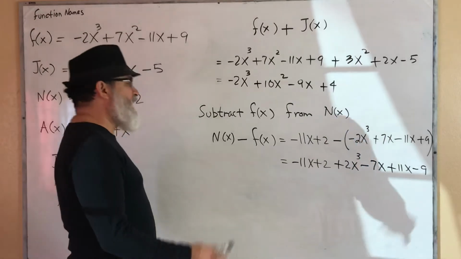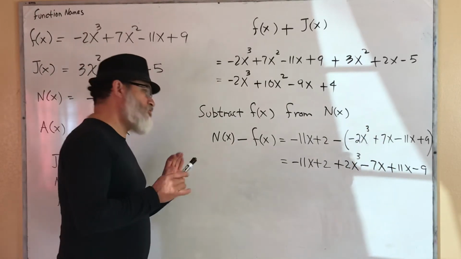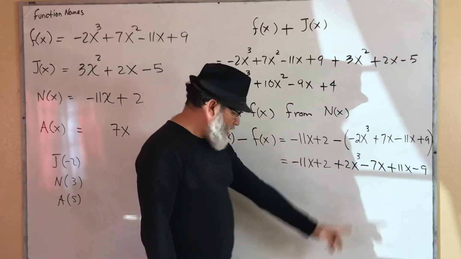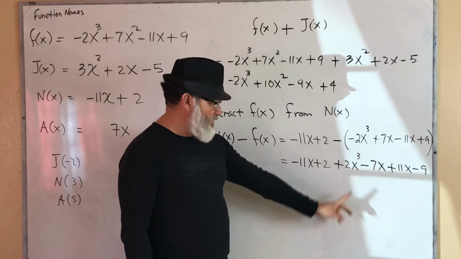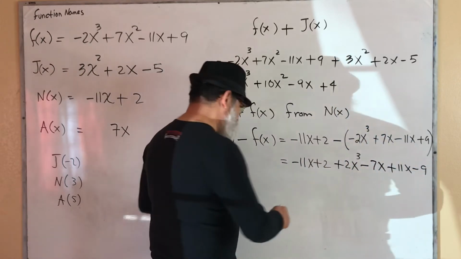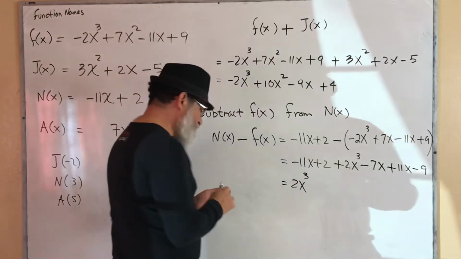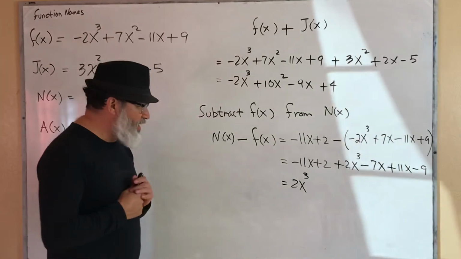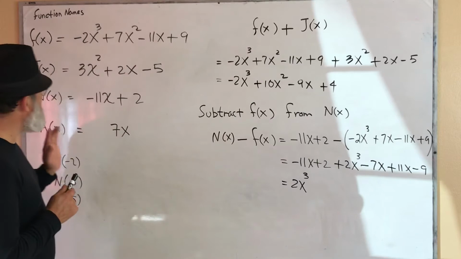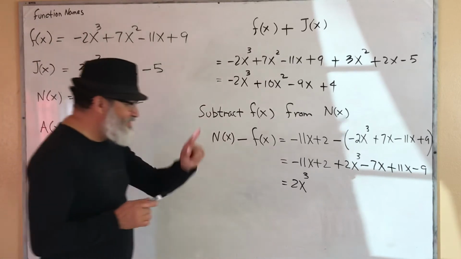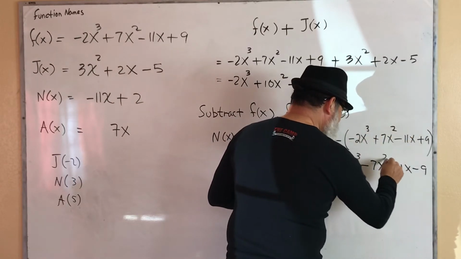Now let's combine like terms. I'm going to write the answer in descending order, so 2x cubed goes first. What goes second? Oh, by the way, did I forget something? Oh, yes, I did. I forgot this power of 2, there and there.